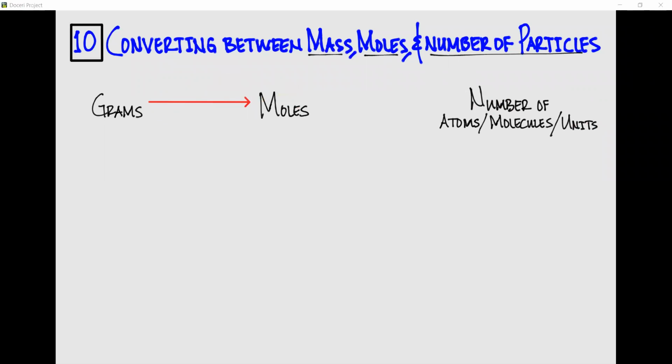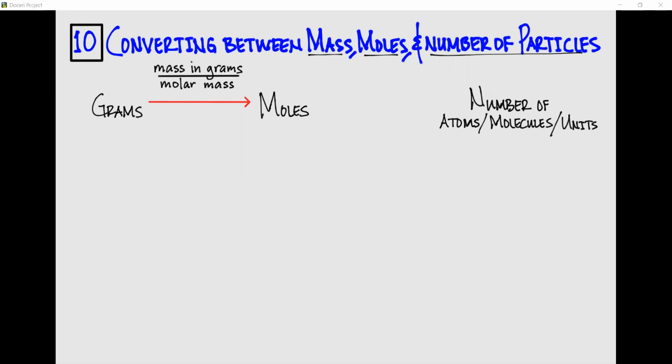equation, right? So you don't have to always use dimensional analysis, but if you've gotten used to using dimensional analysis, you're more than welcome to use that process. In fact, it's a lot easier to use. But if you're one of those students that can't follow dimensional analysis, you can use formulas or equations.